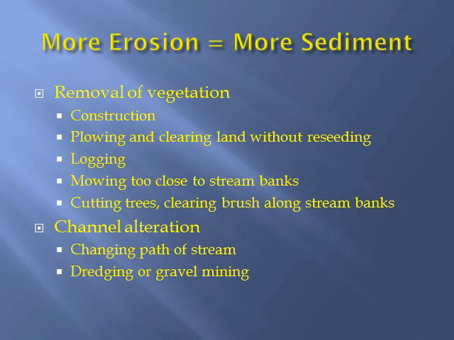Plowing and clearing of land and other agricultural practices also tend to cause considerable erosion, especially if the vegetation isn't reestablished very quickly. Logging practices can also cause problems, especially if they don't follow the master logging training BMPs that should be used during logging practices.